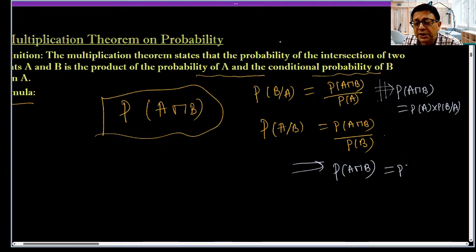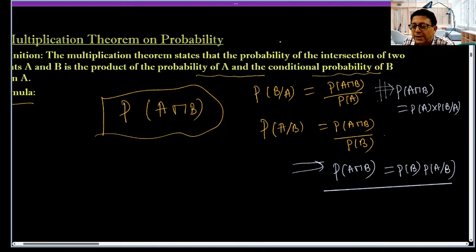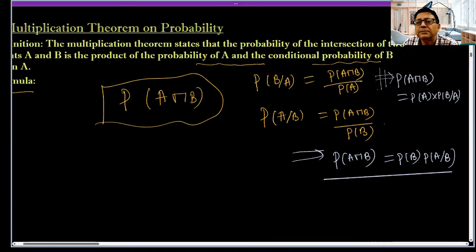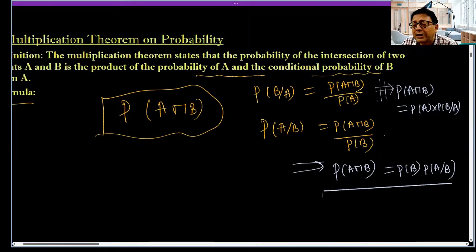P(A∩B) equal to P(B) into P(A|B). Alright? Clear? So if somebody finds P(B|A) or P(A|B), then they can find P(A∩B) either by this formula or by this formula. If you have written P(B) first, then P(A|B). If you have written P(A) first, it will be P(B|A). Isn't it?